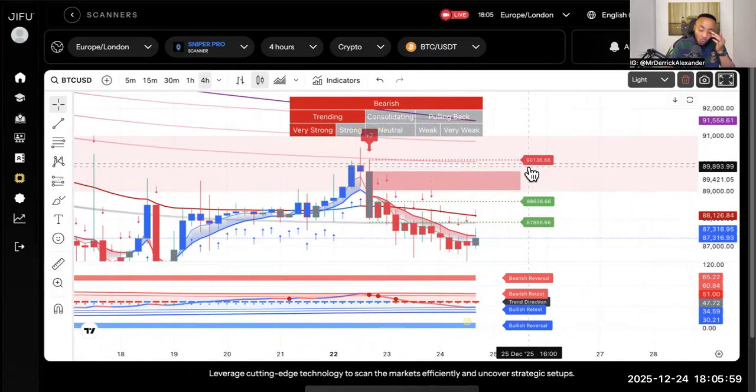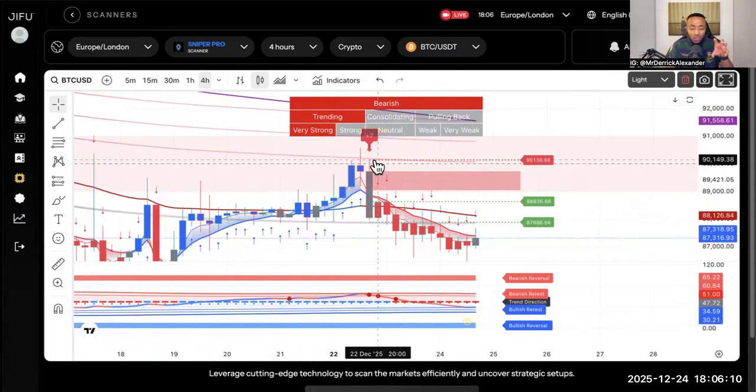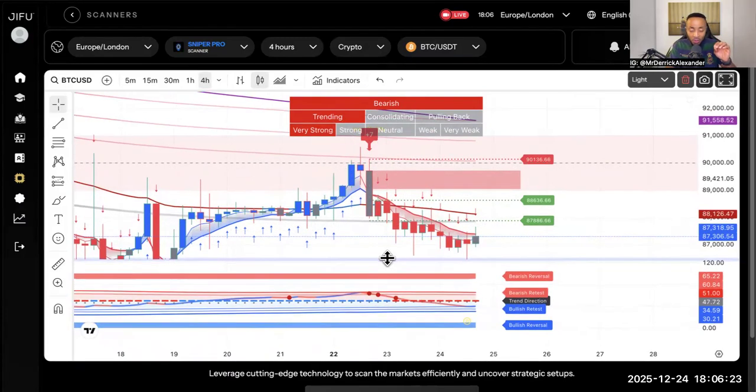Now we've identified all of these different things. Just imagine all of this red wasn't here, but you saw all of those indicators that I just broke down to you. It is a strong, strong reason why you should sell, or why you should have sold at that particular time.